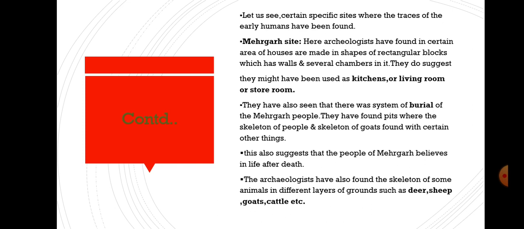Because many burial sites have been found in Mehrgarh, in those pits the skeleton of a man along with the skeleton of animals like goats has been found together in the same grave. So what is the story behind this?